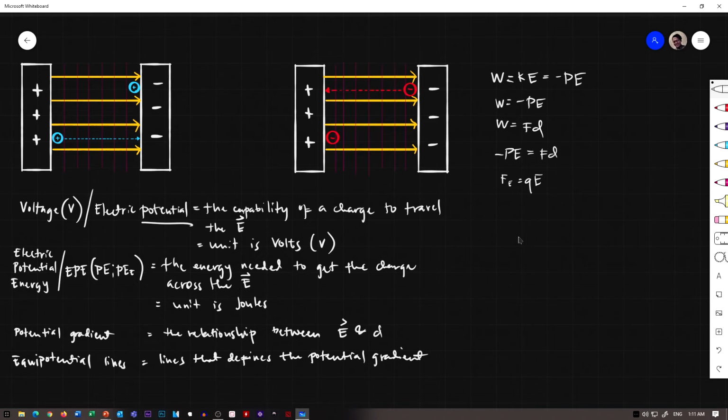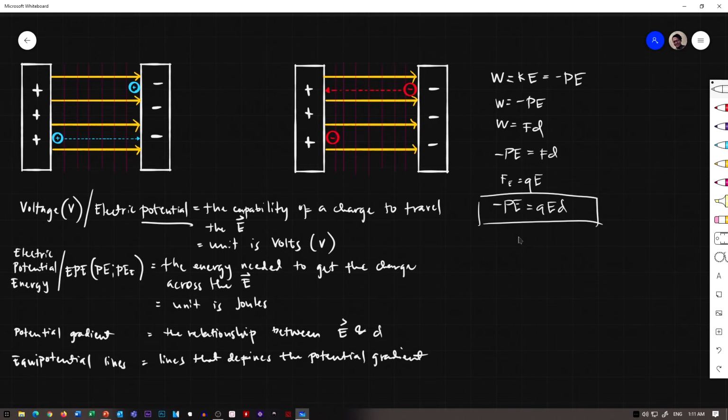So substituting this electric force into the previous equation that we have, we now have potential energy is equal to QEd. Okay, so this is the first relationship that I want you to remember. But of course, if you're going to utilize this in problem solving, you're going to place absolute value on everything.